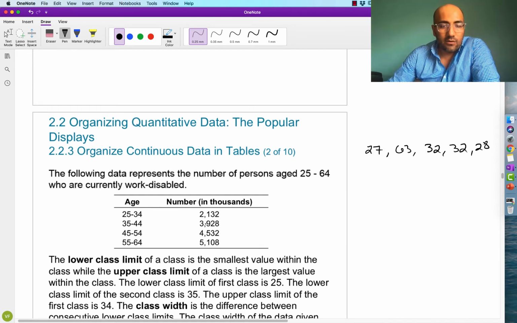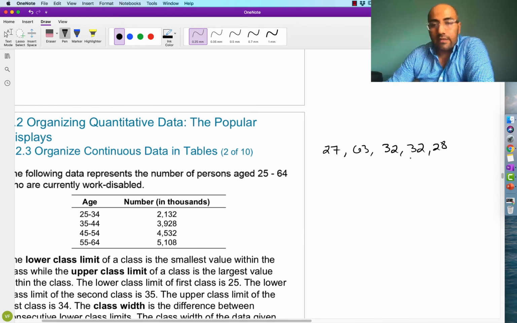And as you can see, there are thousands of them, a raw table with thousands of numbers that kind of danced around between 25 and 64. So it would be really difficult to have a table representing the values where each of the numbers is its own class. We'd have 25, 26, 27, 28, 29, 30, 31, right?